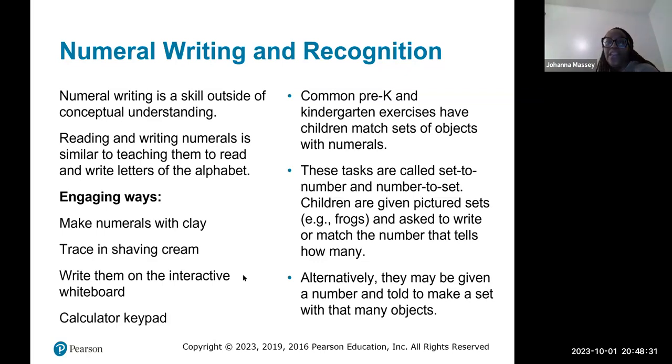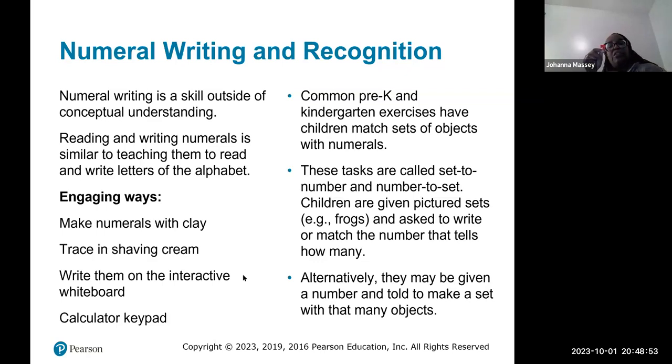common pre-K and kindergarten exercises have children match sets of objects with numerals. So if I have a numeral, let's say 7, and the reason why I put 7 is because it was right here first. And I had some pennies or some counters, and their job is to take out 7 pennies.